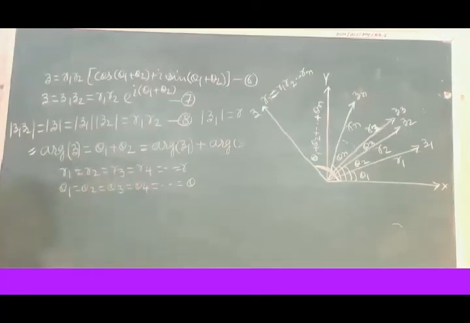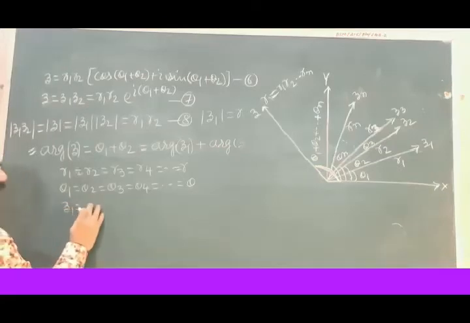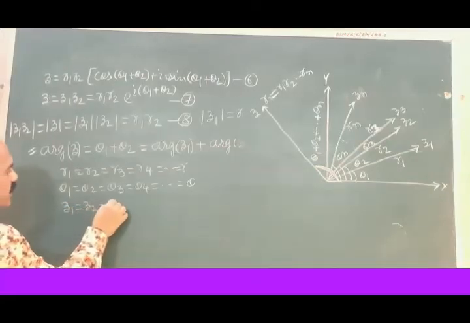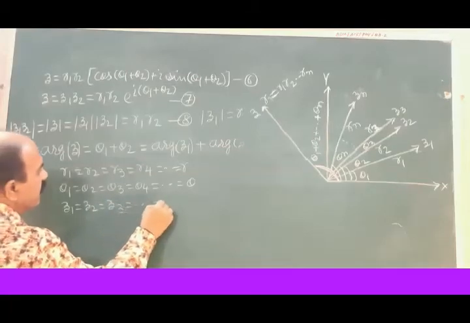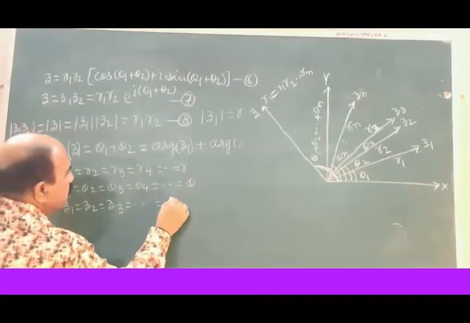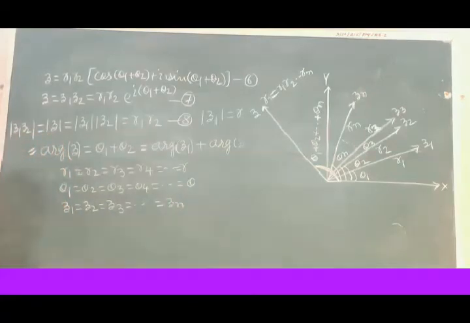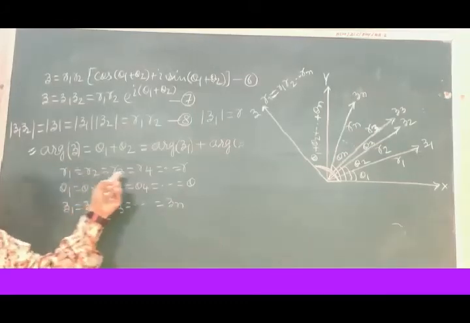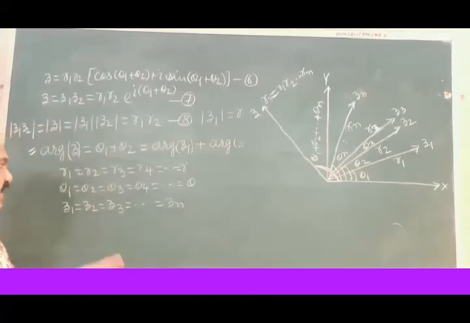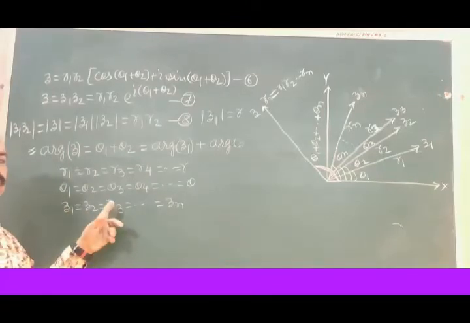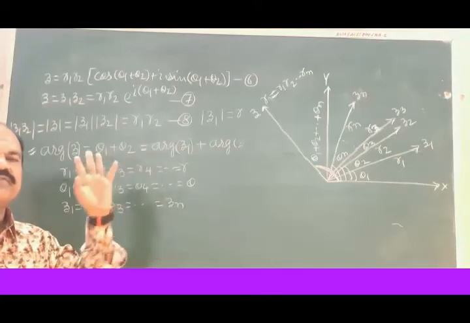When we make these two assumptions, the third assumption will automatically follow: Z1 is equal to Z2 is equal to Z3 is equal to and so on is equal to Zn. When we consider n complex numbers such that their moduli are same and their arguments are same, then we must have Z1 is equal to Z2 is equal to Z3 is equal to Z4 is equal to Zn.